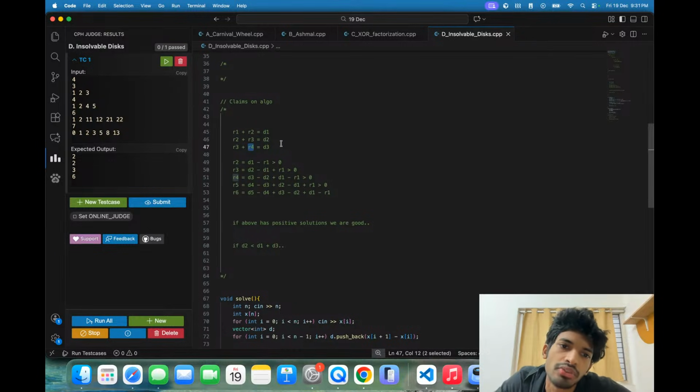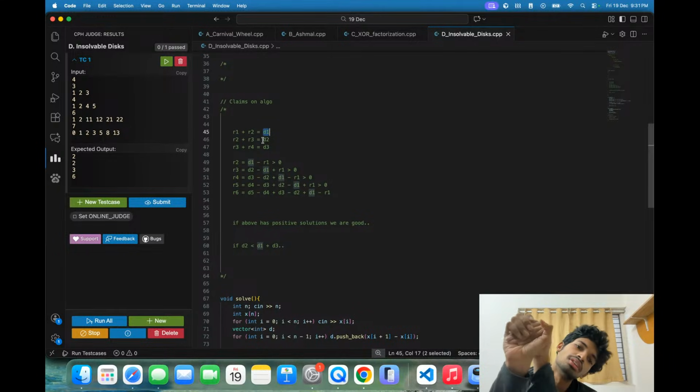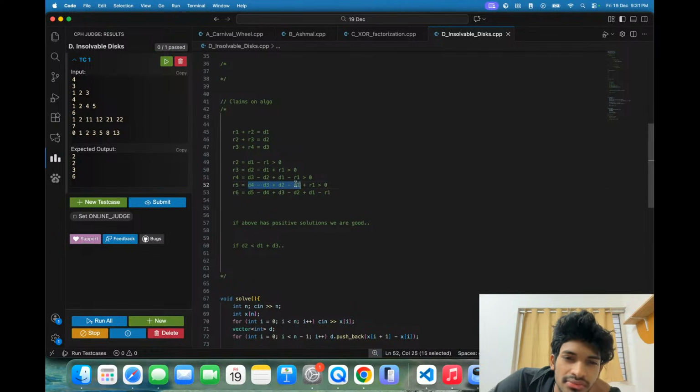I think a solution exists where R1 is D1. You can always make R1 as big as possible until this thing keeps reducing. So what I mean is this thing is tight somewhere.